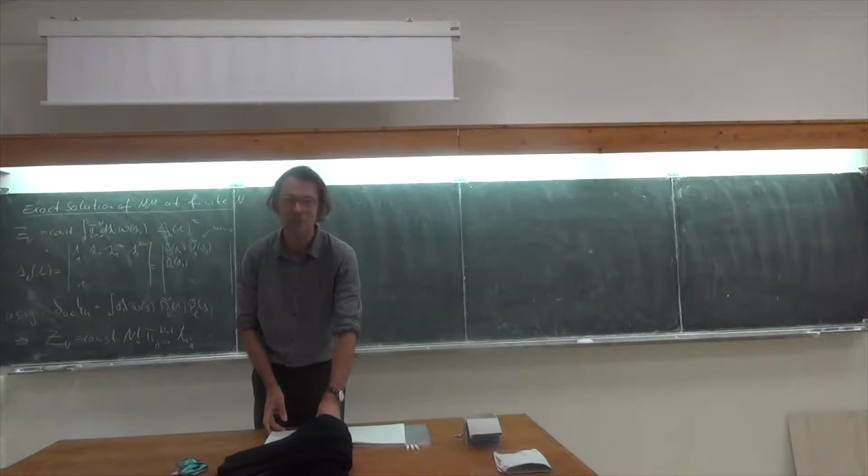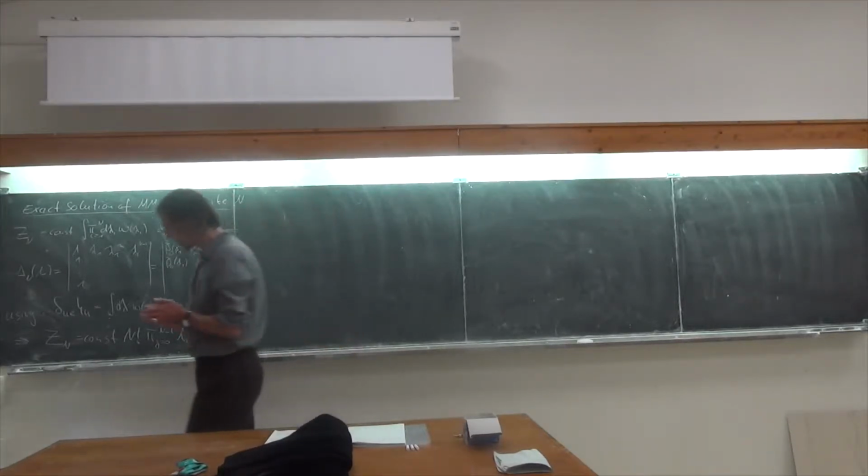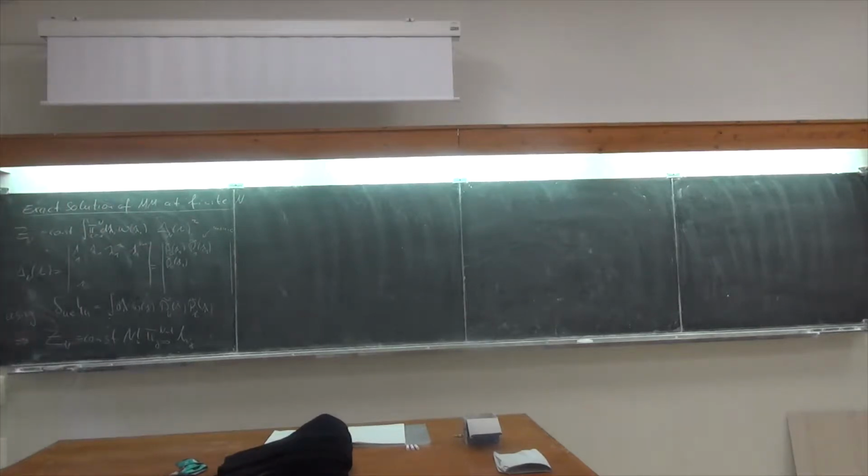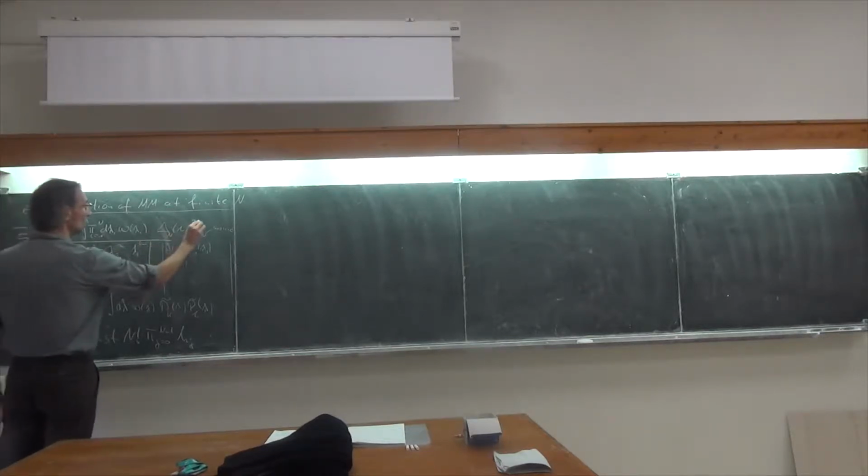So let me add a piece to that movie. Okay, so here's a short recap of where we are at the moment. We have restarted our efforts in trying to solve random matrices, now exactly at finite n. So here's the partition function. This is for beta equals 2.